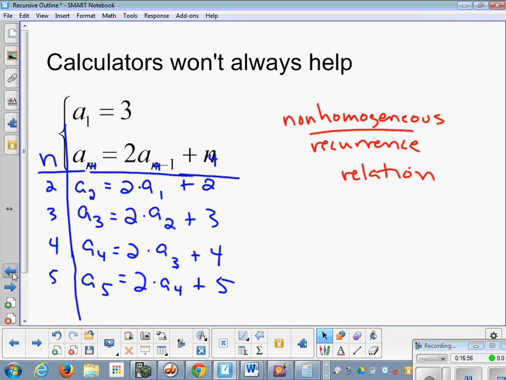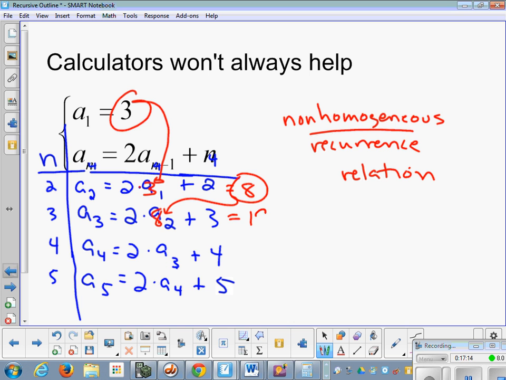All right, now that my table is complete, I am ready to go. I put in 3 here. 2 times 3 plus 2 is 8. Awesome, because then this 8 can go here. 2 times 8 is 16, plus 3 is 19. Now I can take the 19 and plug it in here. 2 times 19 is 38, plus 4 is 42.